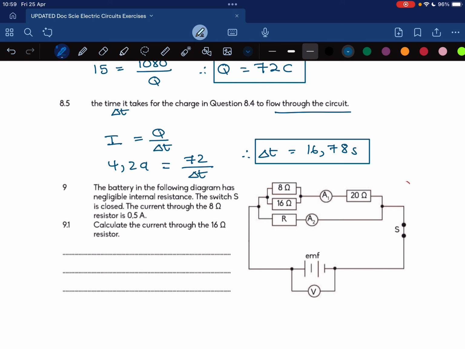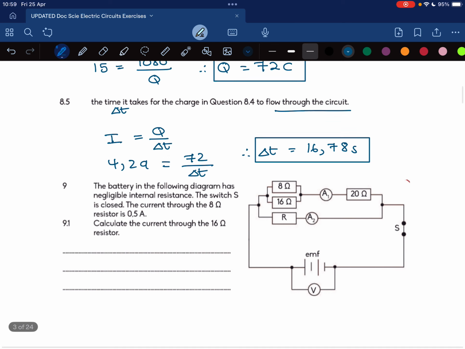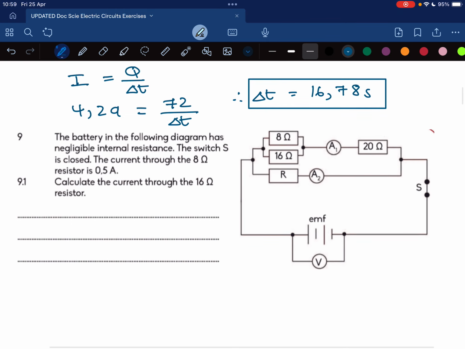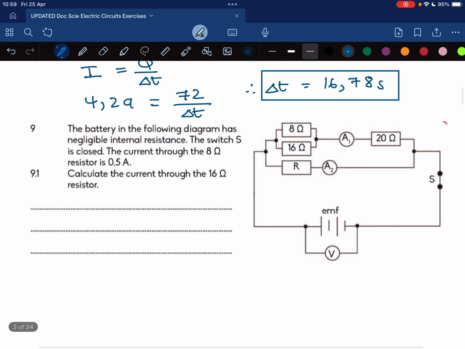Okay, then let's have a look at question 9. Question 9 says, the battery again has negligible internal resistance, switch S is closed. The current through the 8 ohm resistor is 0.5 amps.